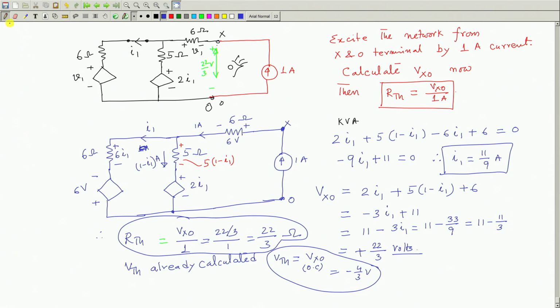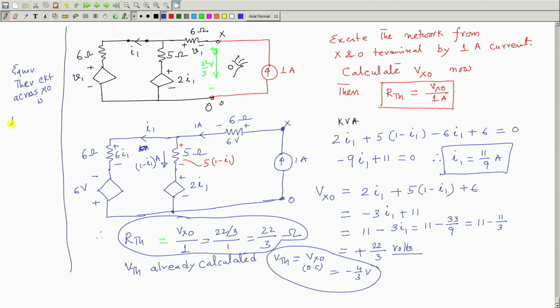So, therefore, equivalent Thevenin's circuit across x o is how much it will be. So, V Thevenin's is minus 4 by 3.